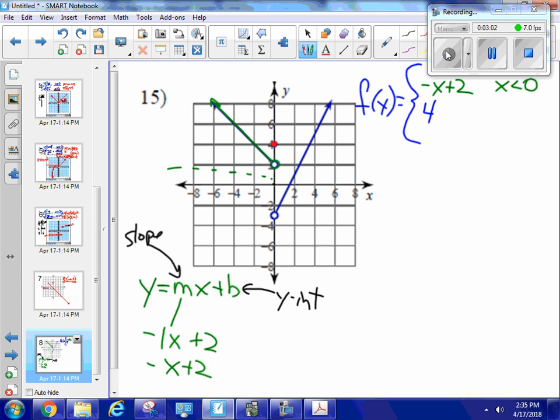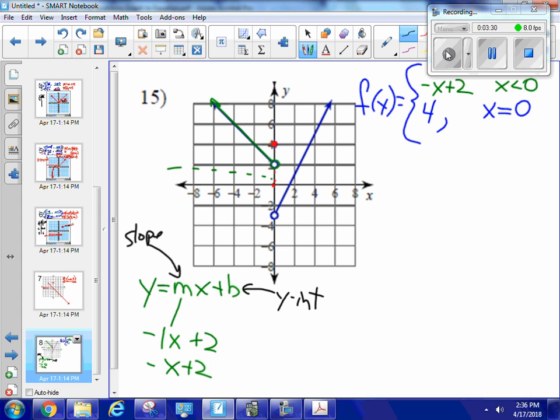Y equals 4, and that only happens where x is equal to 0. Any kind of a point is really pretty easy to find and write on a piecewise function because it's just whatever the y value is at that particular x value.